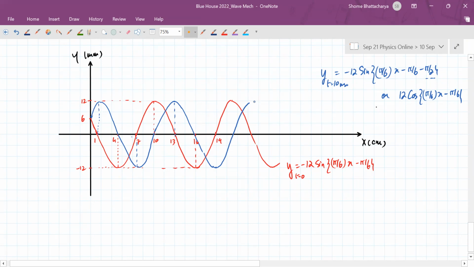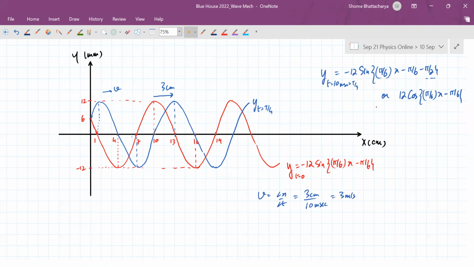So this is a quarter of the time period. See that this shifts by 3 centimeters. So again, your V like this.